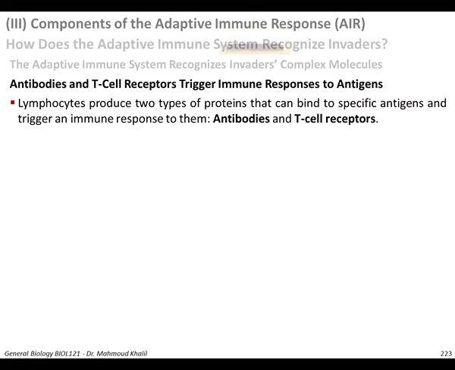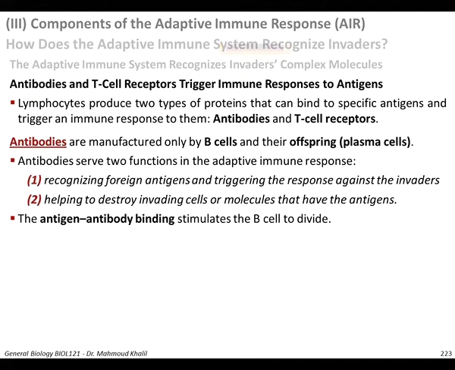There are two kinds of molecules which are important to trigger the adaptive immune response to antigens: the antibodies, and an important protein expressed on T cells, which is called the T cell receptor. Lymphocytes can produce these two types of proteins, the antibodies and T cell receptors, that bind to specific antigens and trigger an immune response to them. Antibodies are manufactured exclusively by B cells, actually by the plasma cells, which are the differentiated form of B cells.